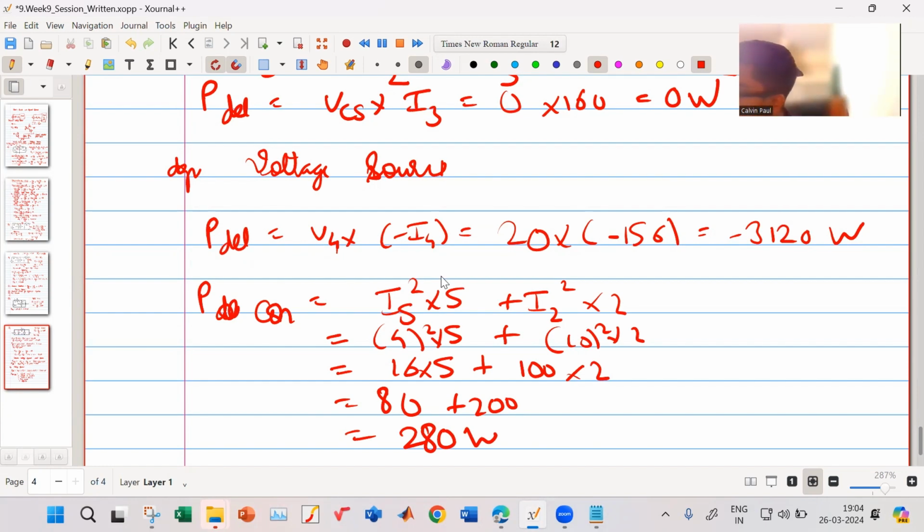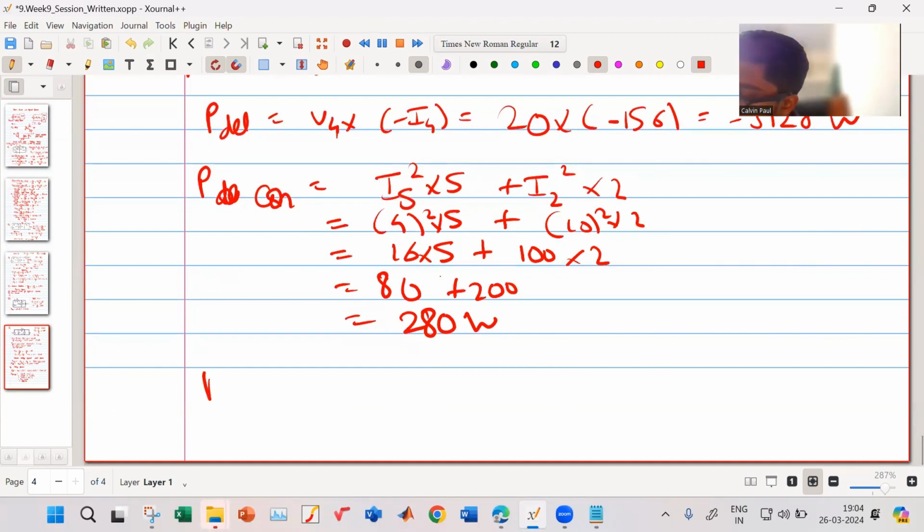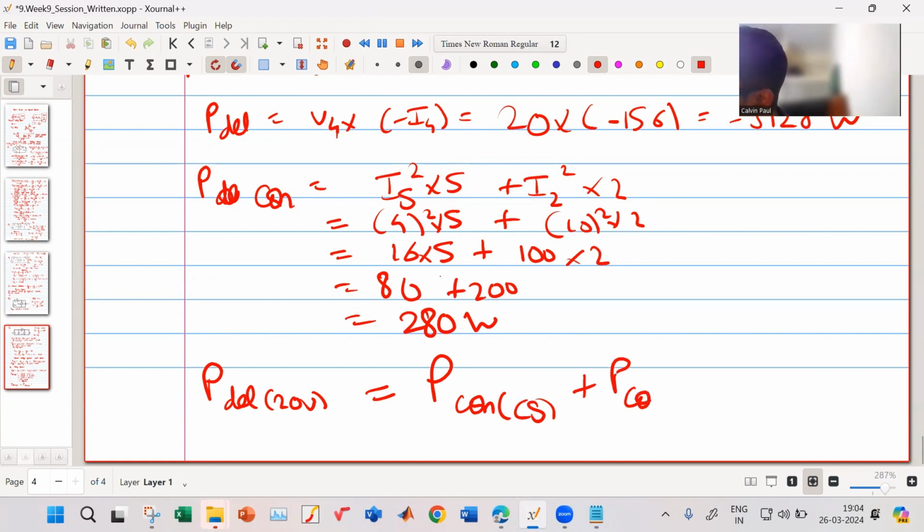Also, as Kavya was saying, the power delivered by your 20 volt source is equal to the power consumed by your current source plus power consumed by the voltage source plus power dissipated across your resistors. So this is equal to 3400.